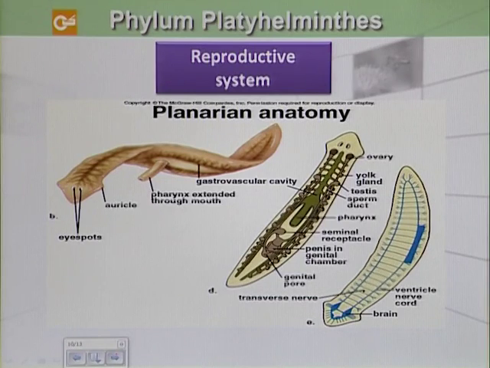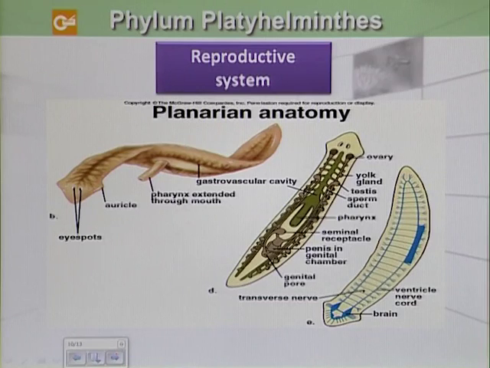And if we talk about sexual reproduction, they are hermaphroditic, meaning both male and female sex organs are present in the same organism, and when 2 partners copulate, they transfer the sperm from one organism to the seminal receptacle of the other organism, where the fertilization is internal.